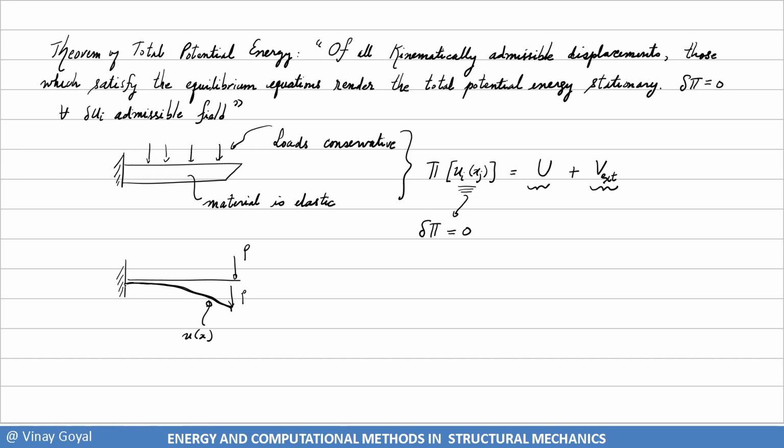But I'll then assume a virtual deflection. And I cannot assume it here because it's clamped. I can assume it everywhere else. That's what kinematically admissible is. I can only change it somewhere else.